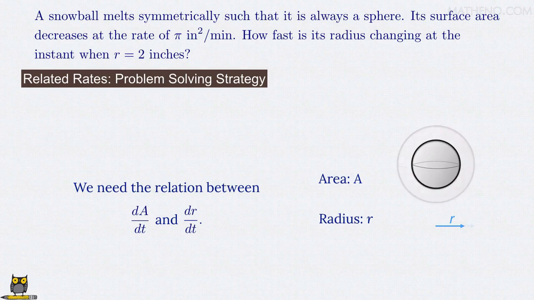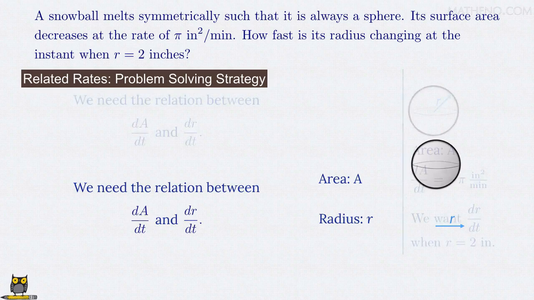By contrast, if the snowball melts more slowly, then its radius also changes more slowly. So intuitively, we expect that the rate at which r changes, dr dt, somehow scales with the rate at which the area A changes, dA dt. Our job is to find the exact relationship between those two quantities.